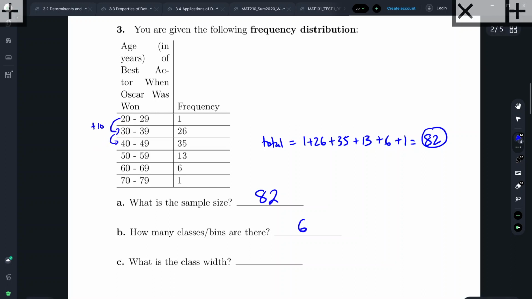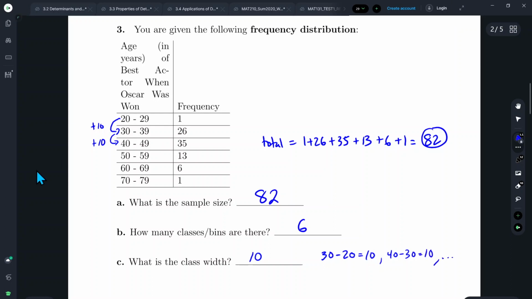From 30 to 40, this is plus 10, right? So the class width is equal to 10. So what you should do is subtract consecutive lower limits, right? So 30 minus 20 equals 10, and so on. So that's the calculation for the class width.